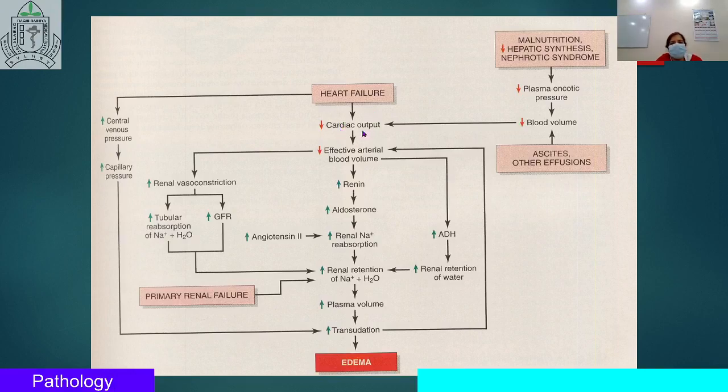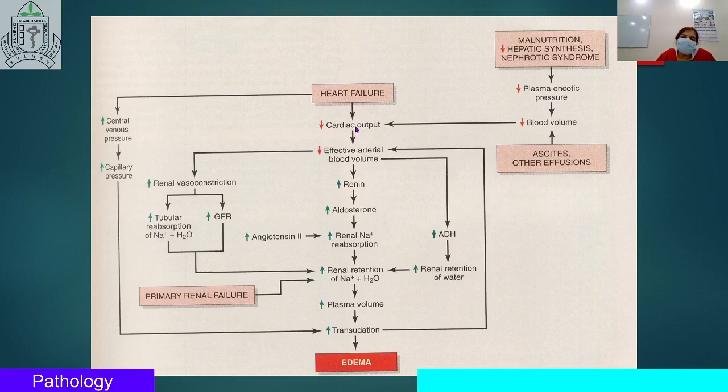Cardiac output may also become decreased by another cause: malnutrition, cirrhosis of liver with decreased hepatic synthesis of protein, or nephrotic syndrome, which cause decreased colloid osmotic pressure and decreased blood volume. If there is decreased blood volume, there is decreased cardiac output. Or if the heart fails due to any cause, there is also decreased cardiac output.